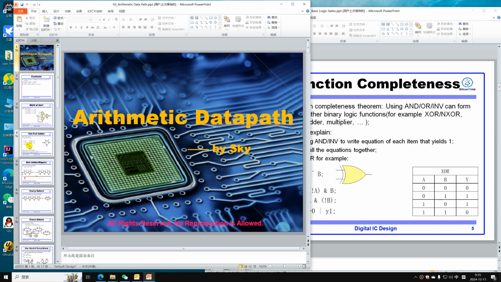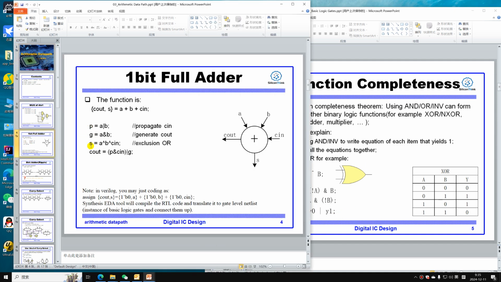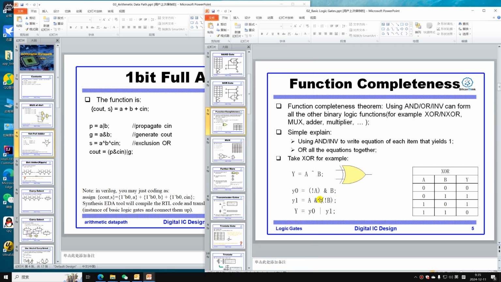But there you will use some other method. I think the two must be equal. After simplifying the functions you get from the truth table, you may get something like that.